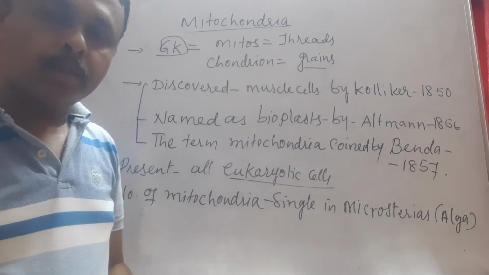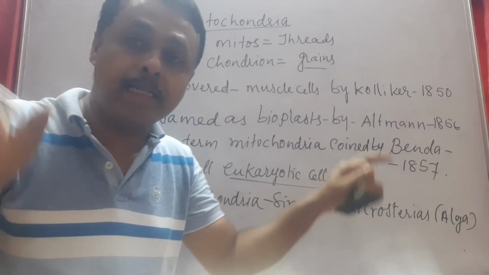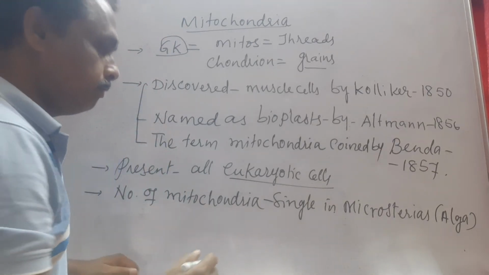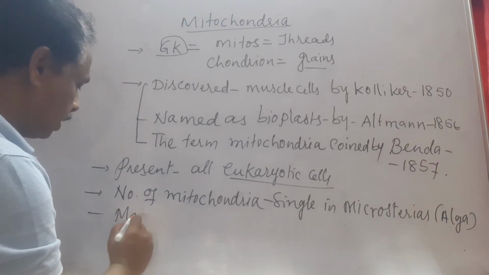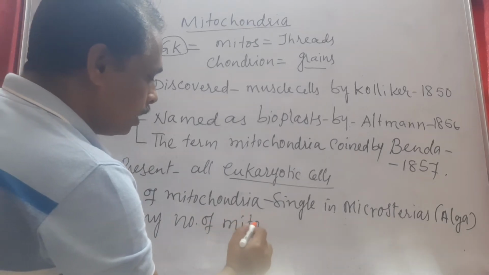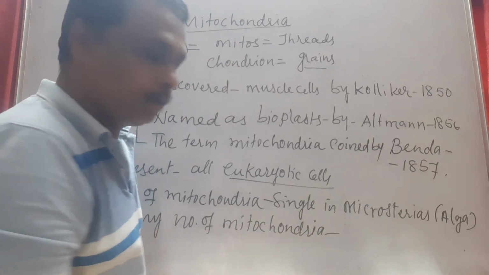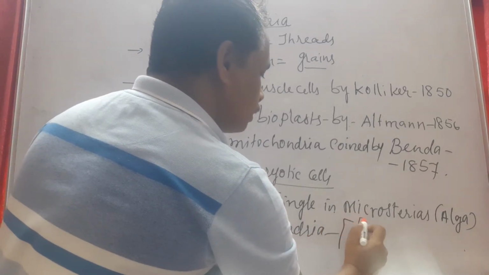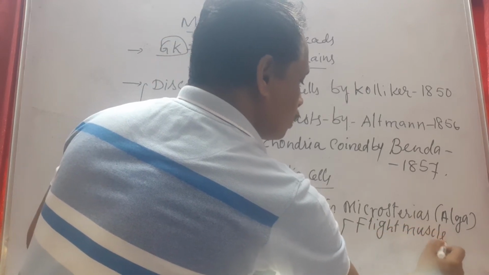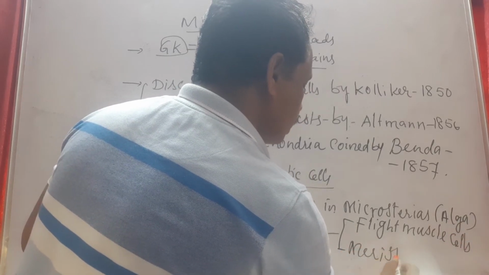But many mitochondria will be present in flight muscle cells as well as meristematic cells.